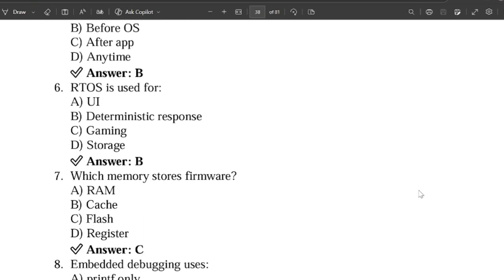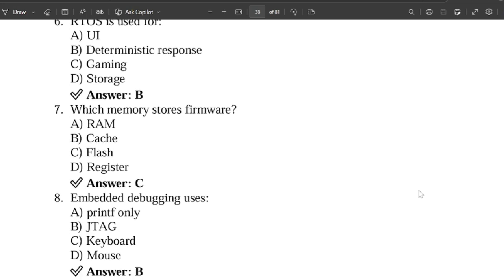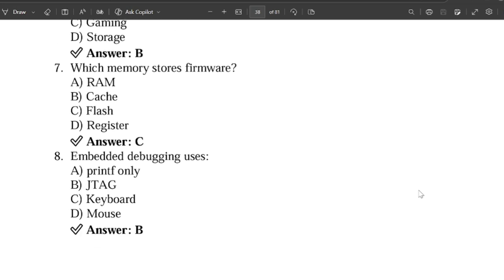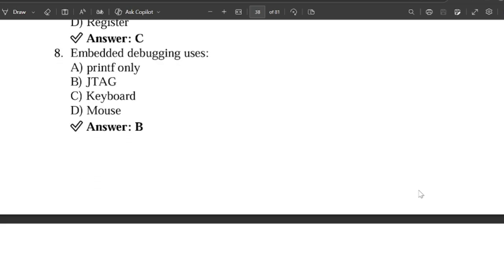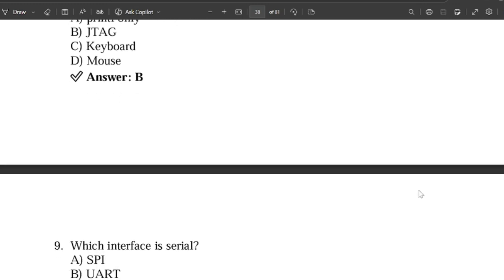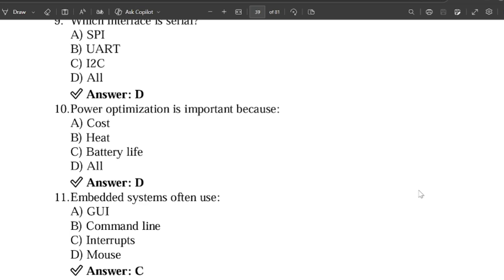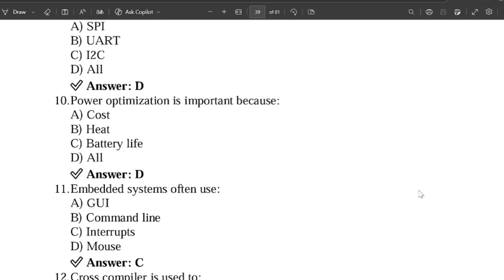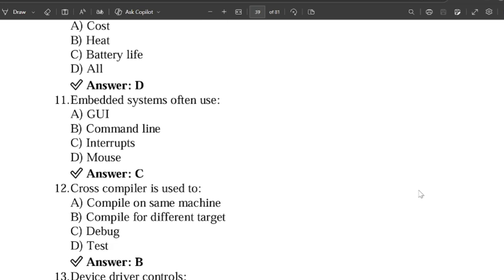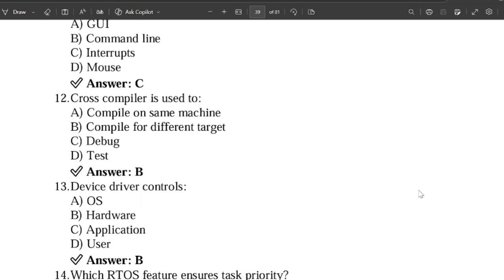RTOS is used for deterministic response. Which memory stores firmware? Flash. Embedded debugging uses JTAG. Which interface is serial? All. Power optimization is important.